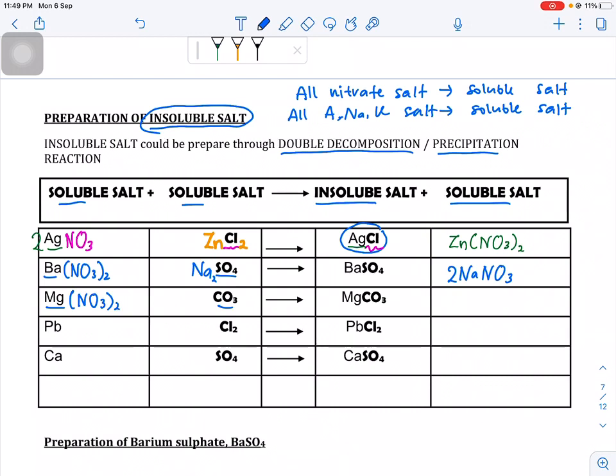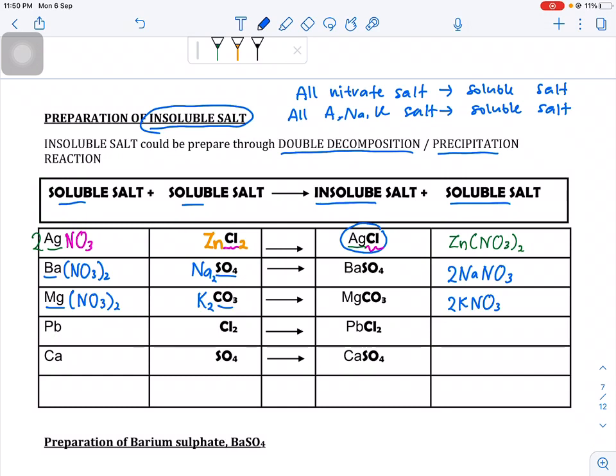It doesn't matter, tak kisah. For the carbonate, you can choose either sodium, ammonium or potassium. Let's say I choose potassium. So the formula is K2CO3. So my insoluble salt adalah magnesium carbonate, and then the soluble salt is potassium nitrate.